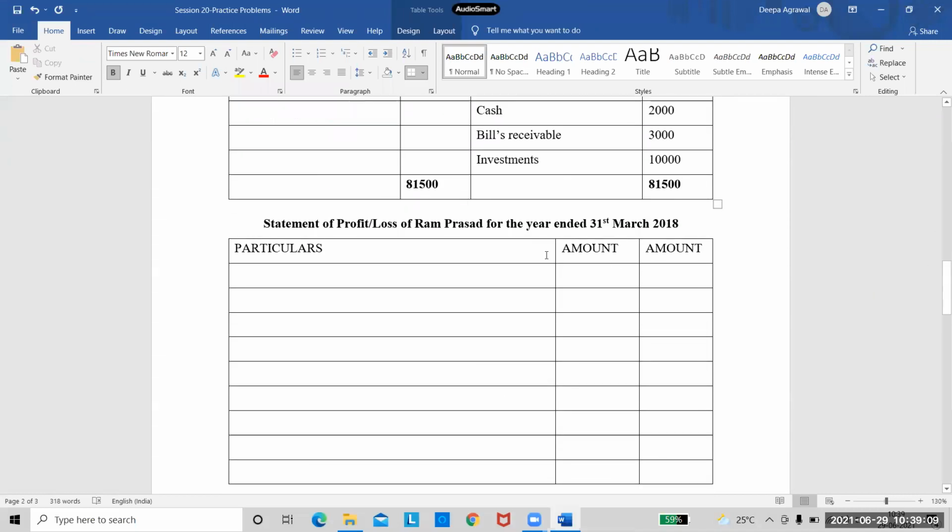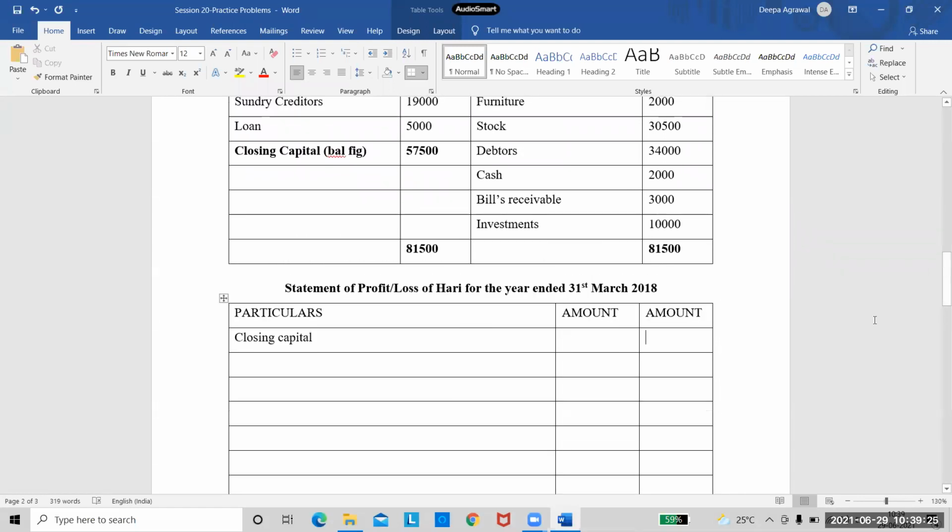Now we need to do the statement of profit. I will change the name here also of Hari for the year ended 31st March. Right. So we will first start with closing capital, which is also called capital at the end. And we have calculated it to be 57,500.